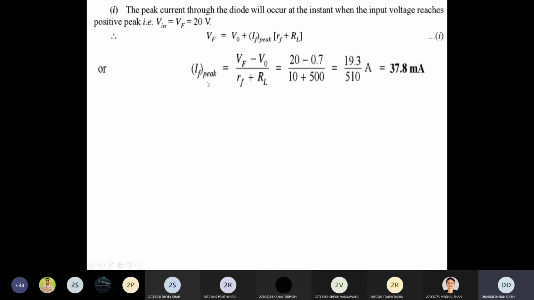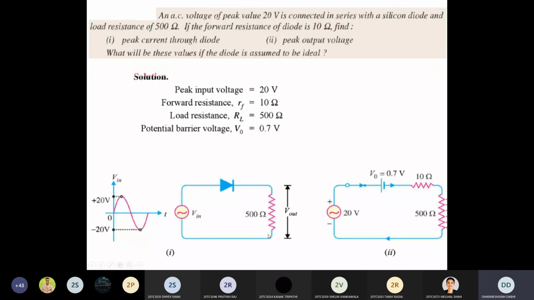So output voltage is equal to output current, it means current into load resistance. So here is your load current the same as your diode current, or is it different? Same, because you can see that your load is connected in series with the diode. So whatever current is flowing into the diode, the same current is flowing into this load resistance. Clear? Because both are connected in series.